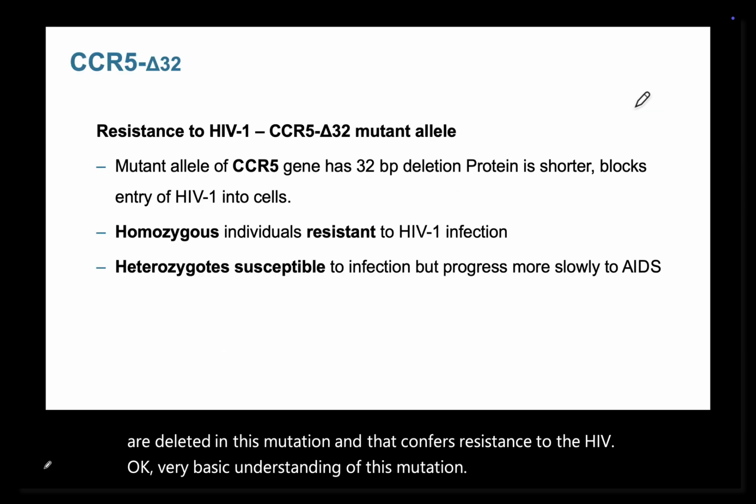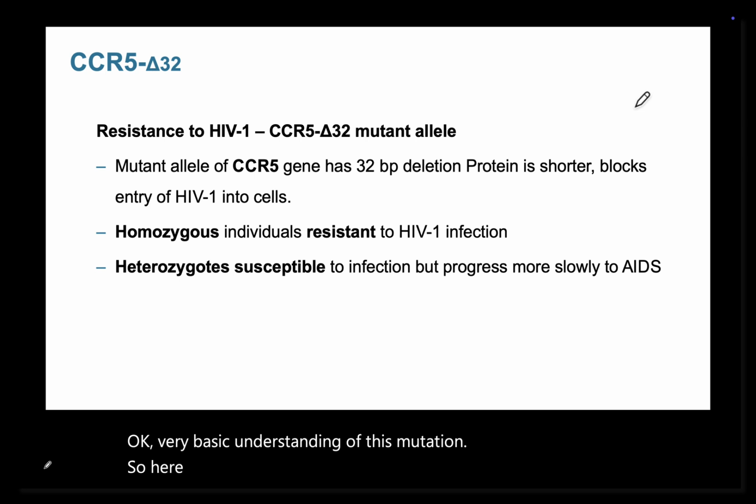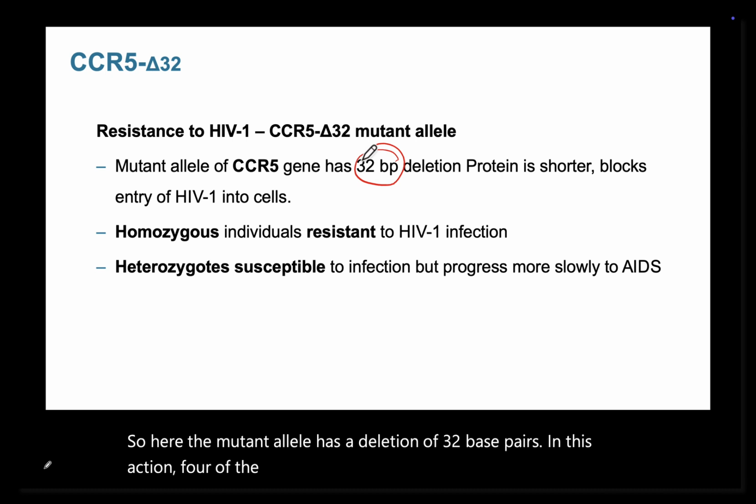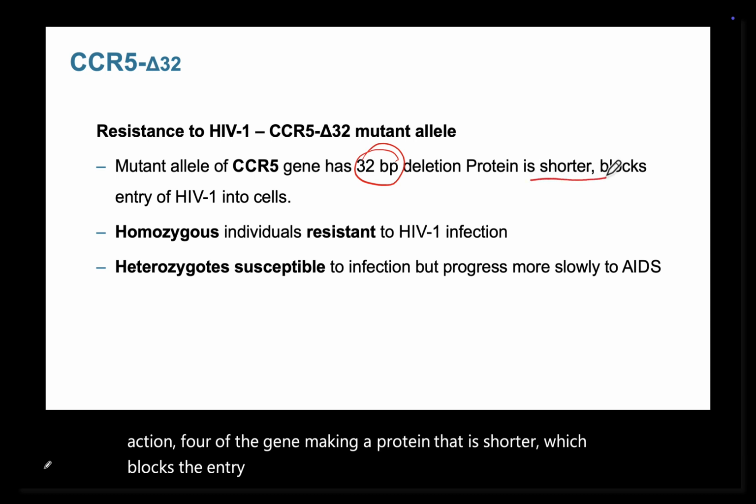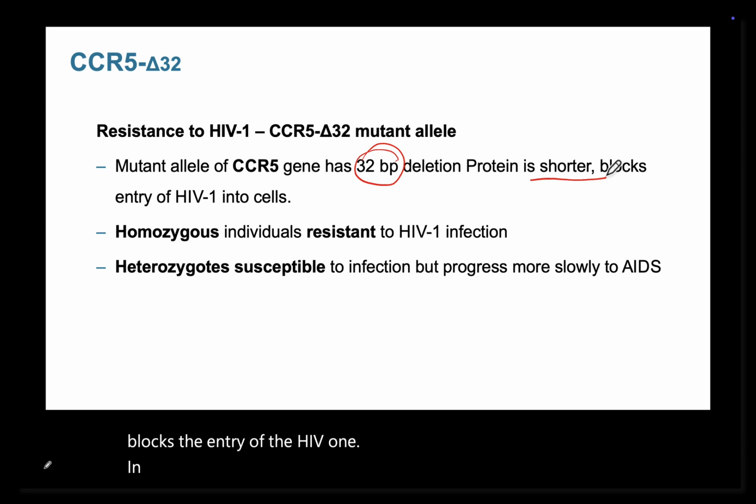So here, the mutant allele has a deletion of 32 base pairs in this exon 4 of the gene, making a protein that is shorter, which blocks the entry of the HIV-1 in the cells. Here, the homozygous individuals are resistant to the HIV infection.